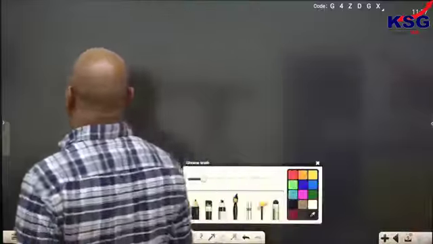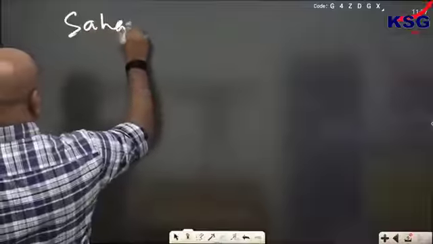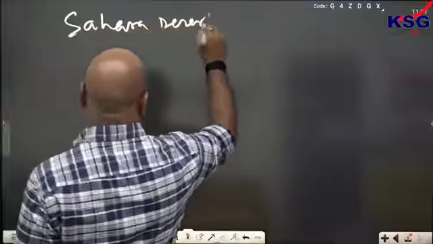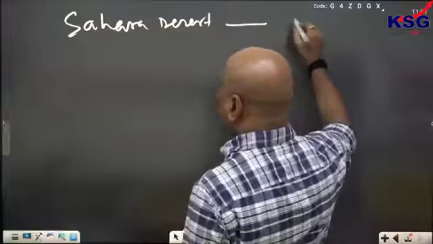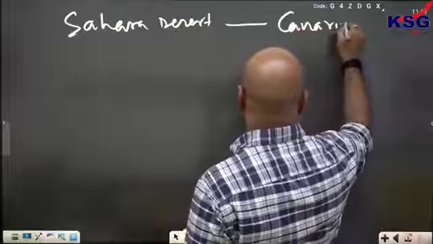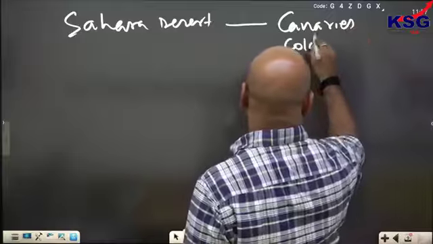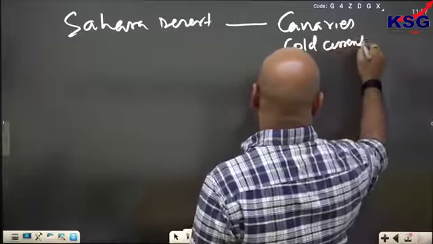For example, Sahara Desert. Sahara Desert has which ocean current? Canaries current, Canaries cold current.